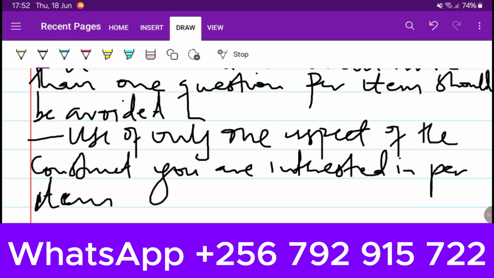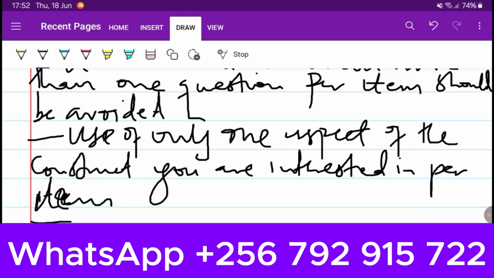Even if the item has two aspects, or can amount to two answers, you only ask what you are interested to know, so that you get exactly the information that you need to answer the research query that you have.